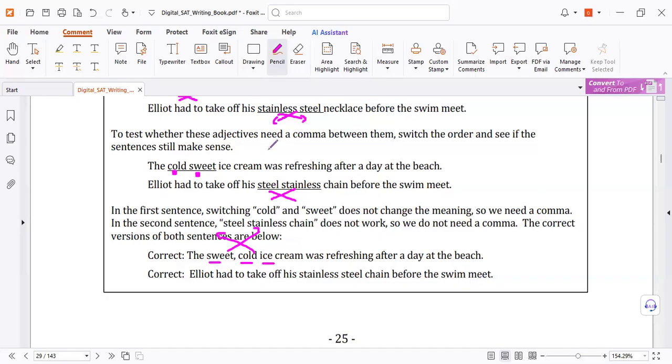So the adjectives describe the noun separately, so it does not change the meaning. Look, sweet cold ice cream, cold sweet ice cream: the same meaning. So we can use a comma or "and." But here I cannot. Yes or no? Can I say stainless chain? No, but steel chain, to tell you what the chain is made of. Very important.